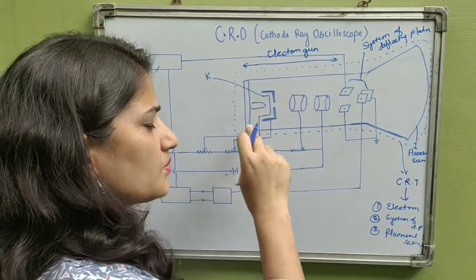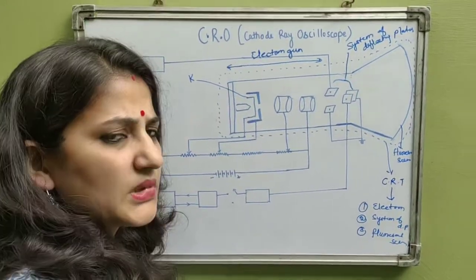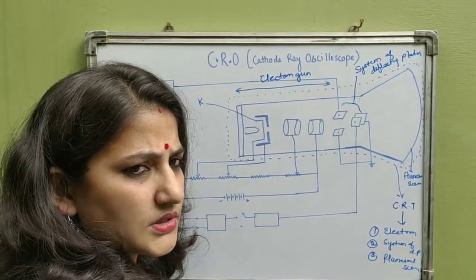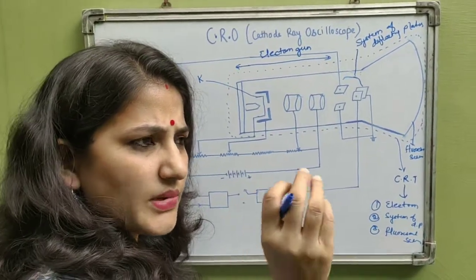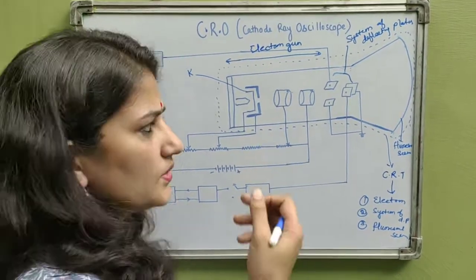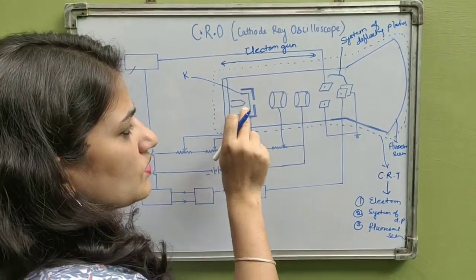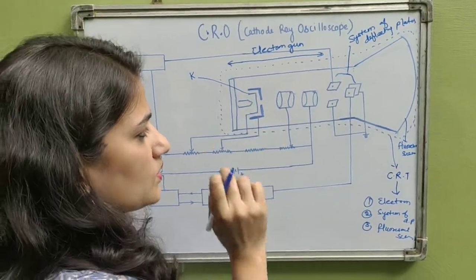Why does thermionic emission occur here? Because this cathode is coated with a material having a low work function, and when a material has a low work function, by absorbing a small amount of energy it will emit electrons. So the beam of electrons is emitted from this cathode K.